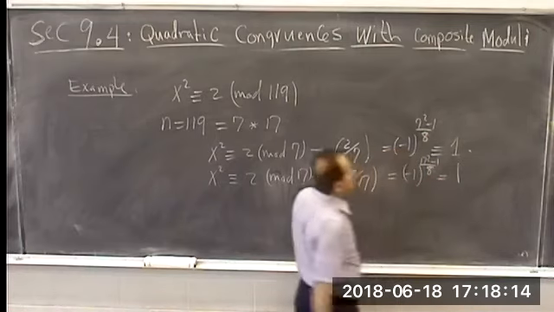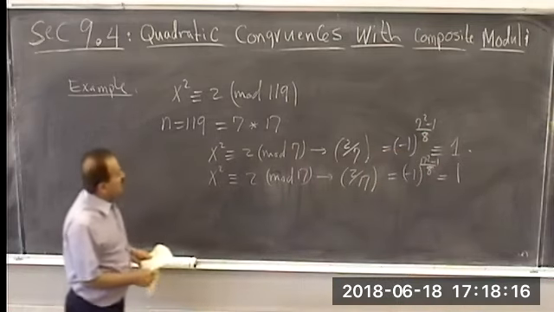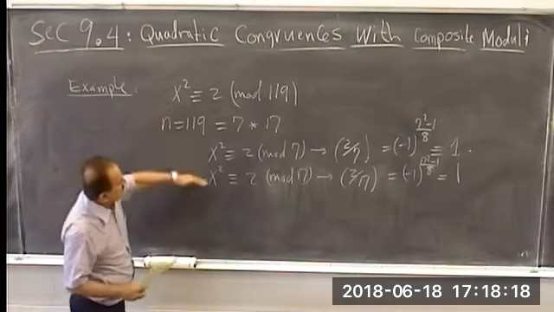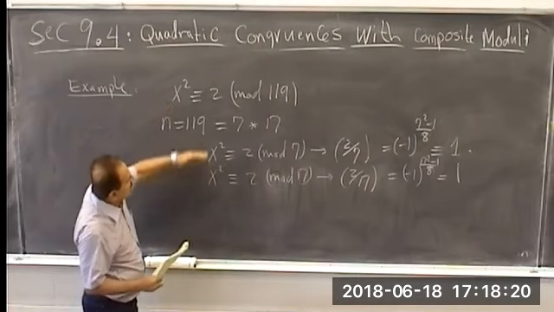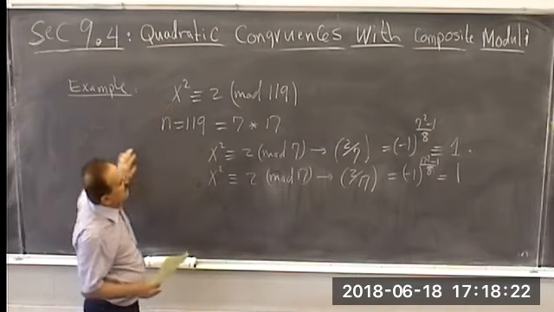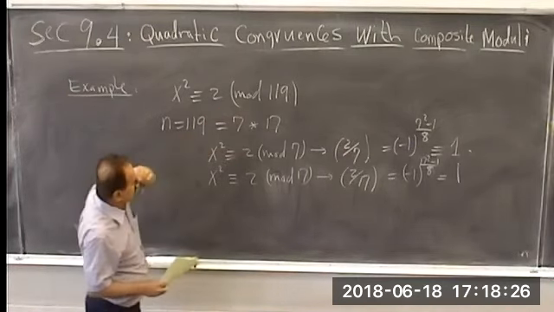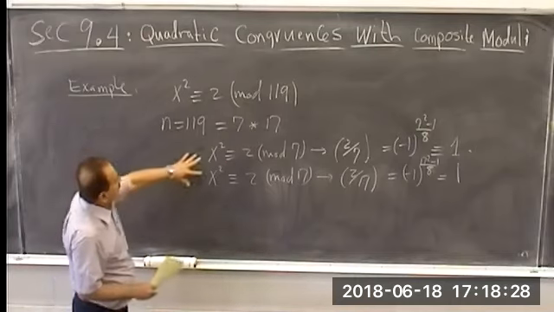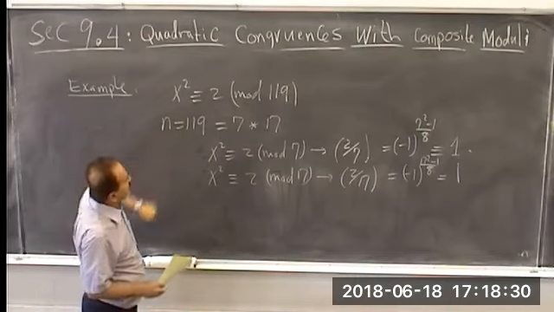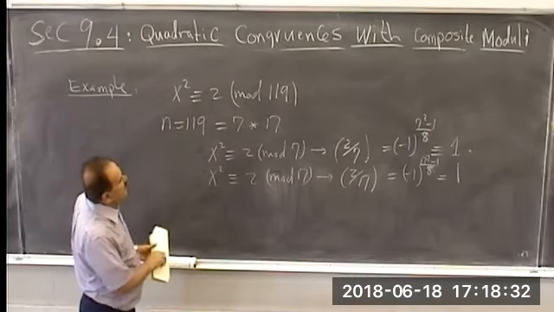Again, you find this one. So this means that these equations satisfy condition B, and because I don't have any power of 2 in 119, this equation has a solution that satisfies those 2 conditions.